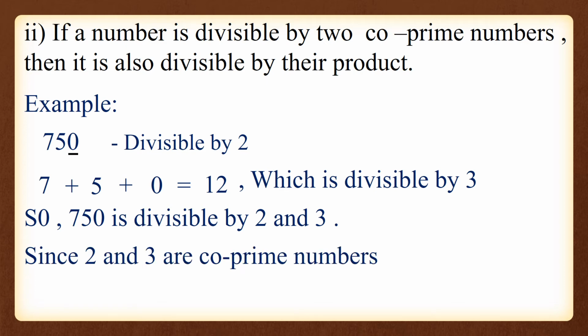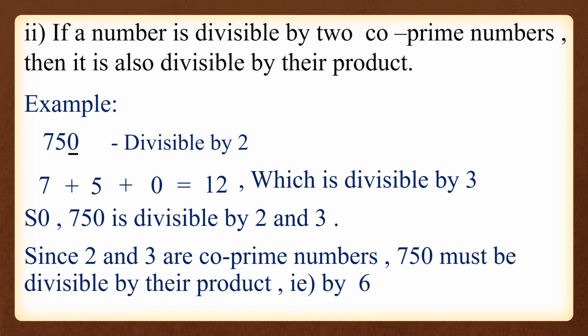Since 2 and 3 are co-prime numbers, 750 must be divisible by their product, that is by 6. And we know that is true because 2 and 3 are co-prime numbers, and 2 into 3 is 6.